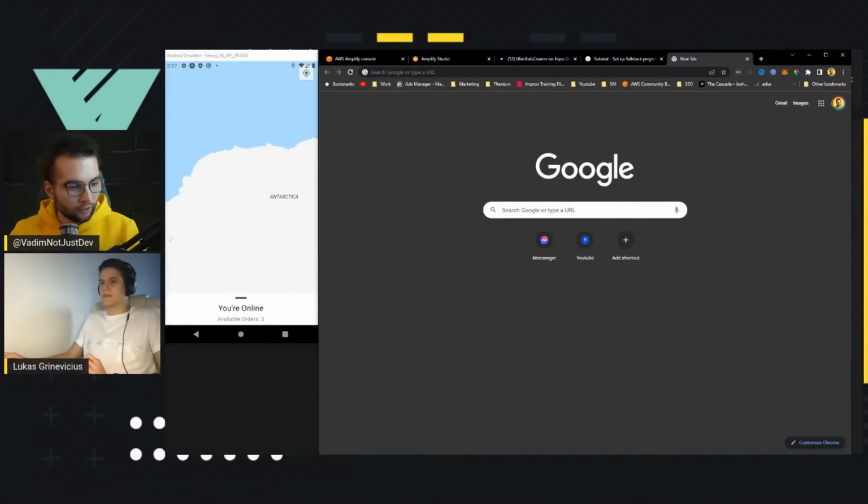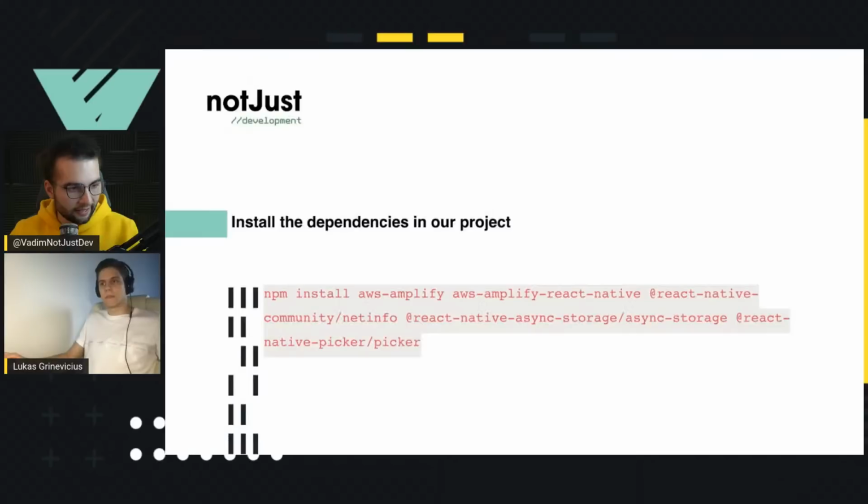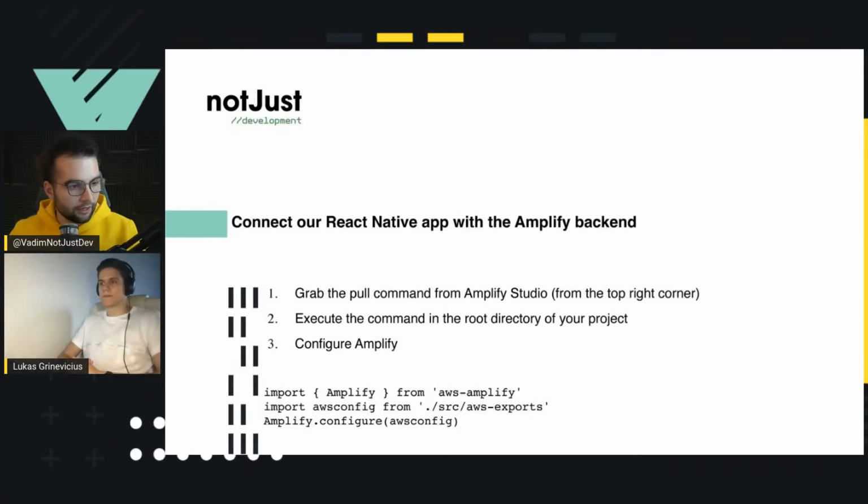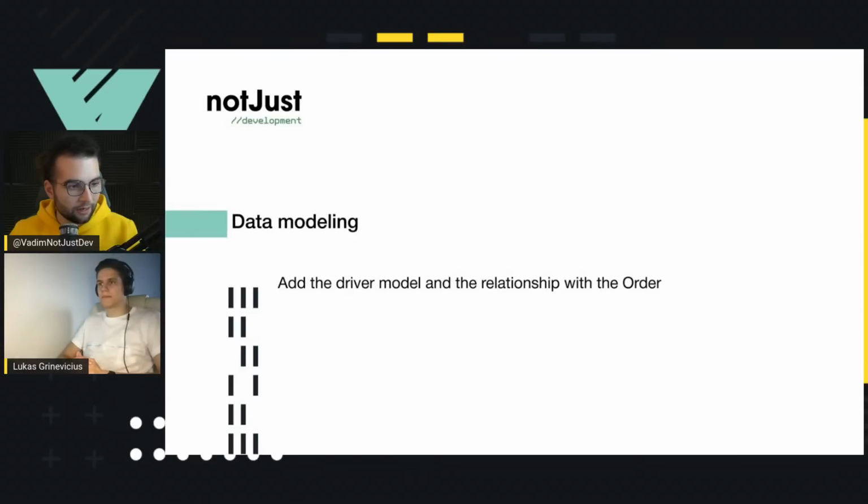What I want to discuss next, while we are waiting for Amplify to pull in our project, is the data modeling part. Let's think about whether we have everything we need to implement today's features.